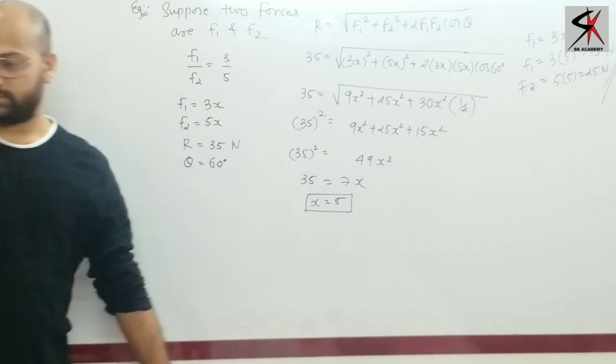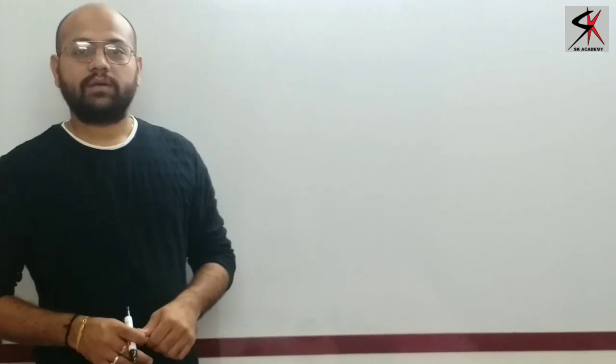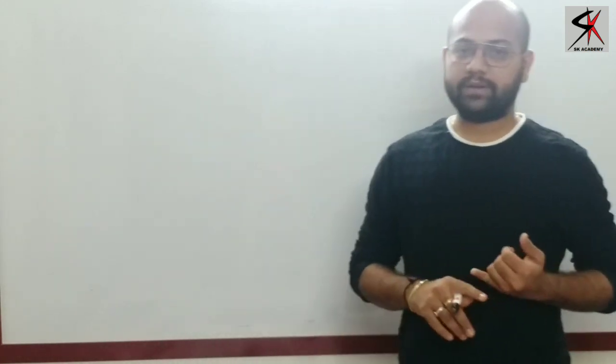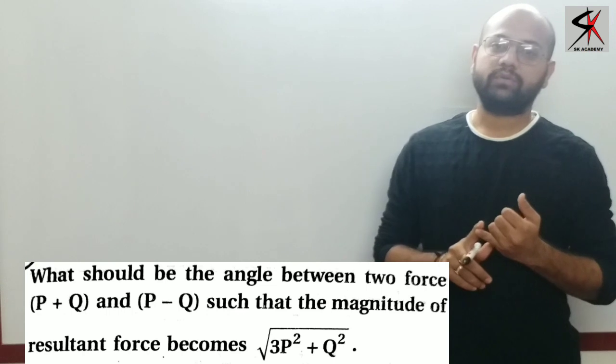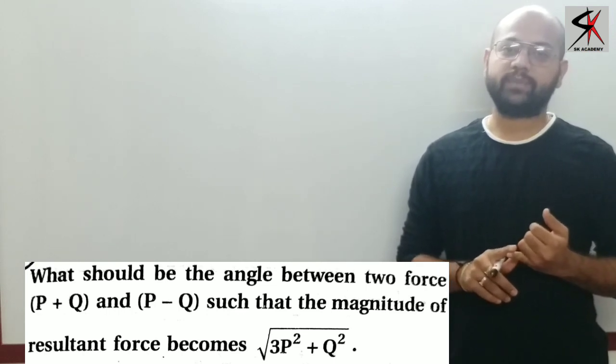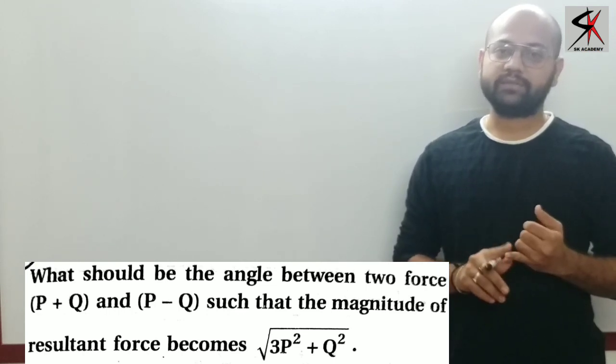Now next one. What is the angle between two forces P plus Q and P minus Q if the resultant force becomes under root 3P square plus Q square?